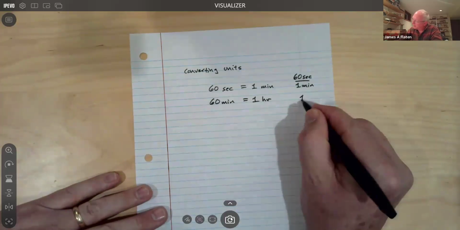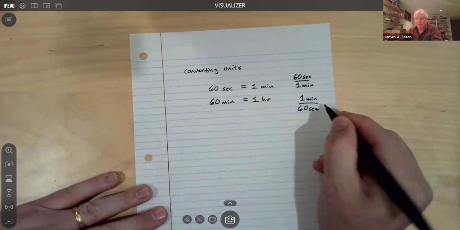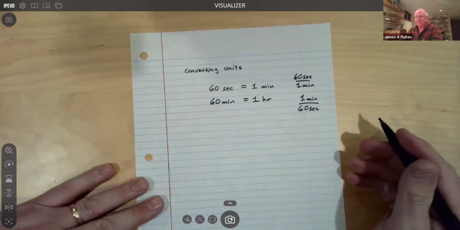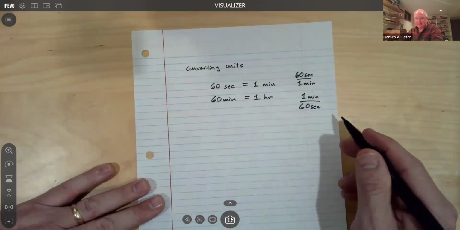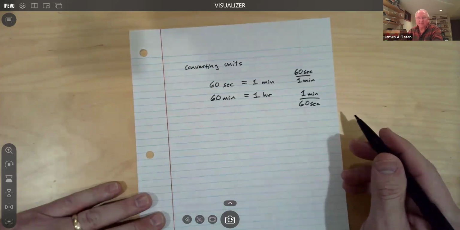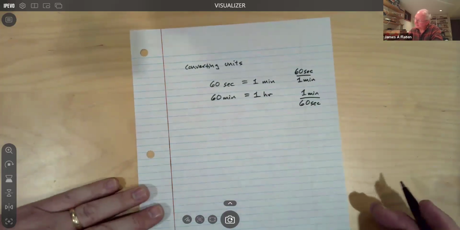Similarly, 1 minute over 60 seconds is also equal to 1 because the numerator and the denominator mean the same thing. What this allows me to do is it allows me to take some number or some value that I have in hours or minutes or seconds and convert it to something else, as long as it's the same kind of unit, like in this case, time.